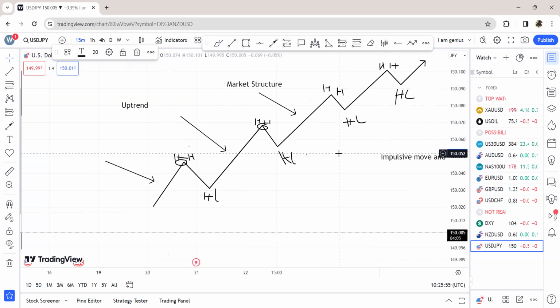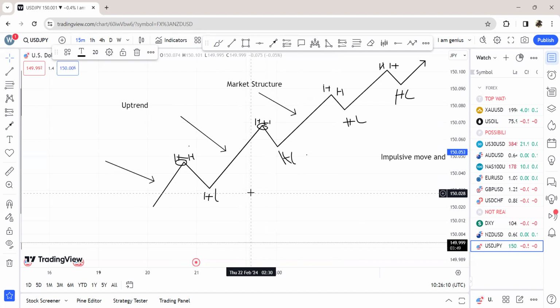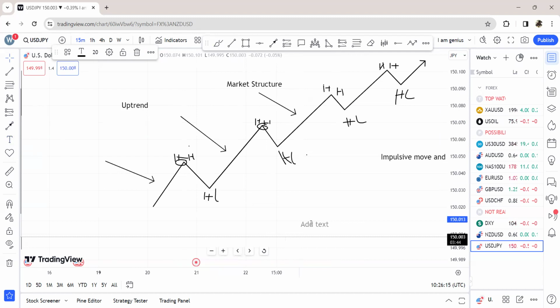So with that out of the way, what we would also like to note is this idea of support and resistance. Now I'll make another video explaining support and resistance in depth. But for now, there's a reason why I want to drop this in just now real quick. So you have support and resistance.